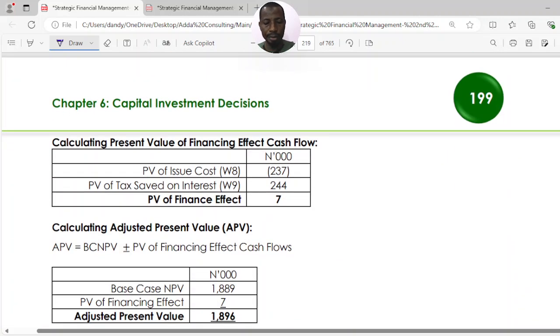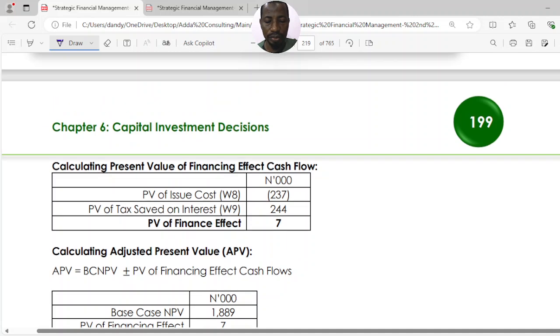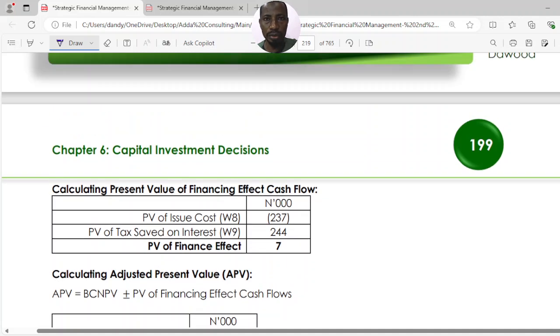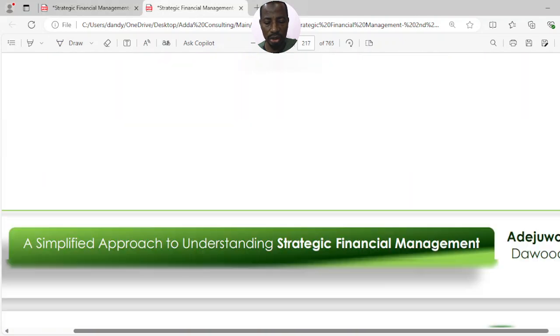Now, we want to calculate the present value of financing effect cash flow. So the first thing first, I will go to the question. If I'm given issue cost, of course, we have identified from the question that there is an issue cost. So I will then go to where I have information on issue cost in the question.